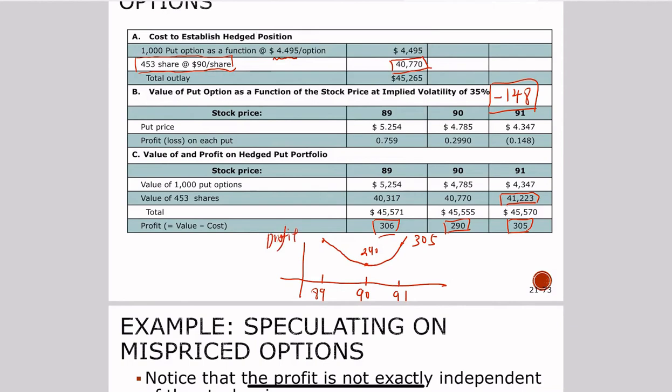That is, if you're perfectly hedging your risk, then it should be flat. However, you can see it's not. As stock price changes, your profit will actually increase, no matter whether the price decreases or increases. This is a convexity, right? Remember we discussed convexity. If a curve looks like this, then it's convex.